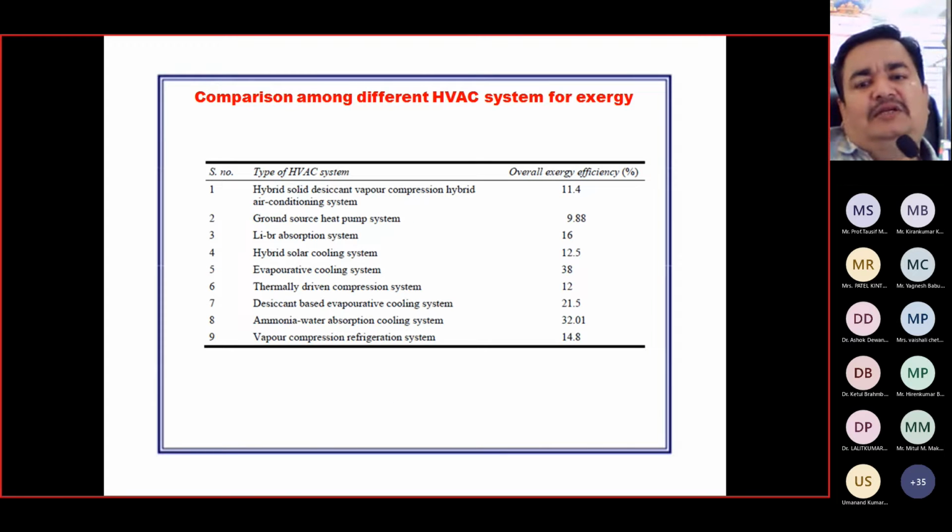So how can the desiccant cooling systems be compared with other conventional cooling systems? Different overall exergy efficiencies will be available, and desiccant cooling systems can give you better results as compared to most of the remaining ones.